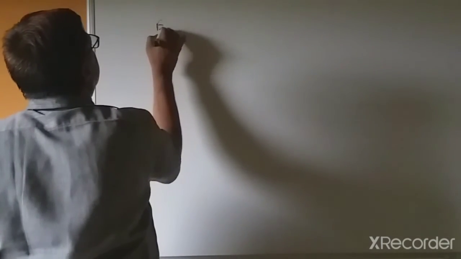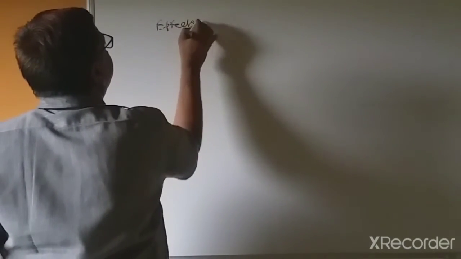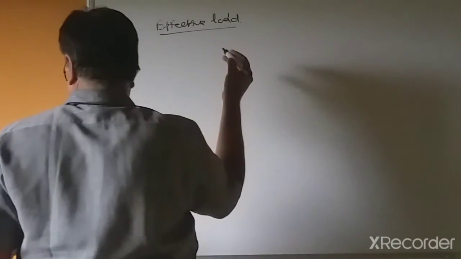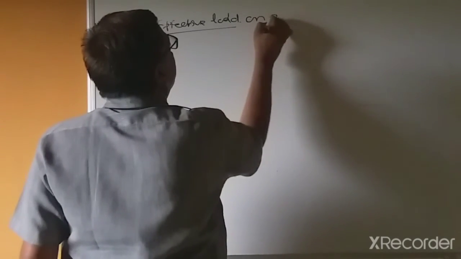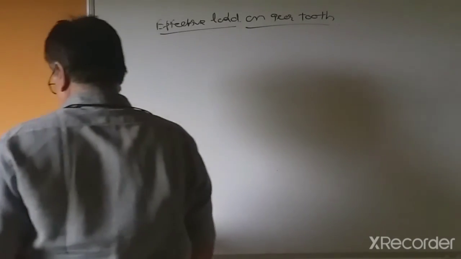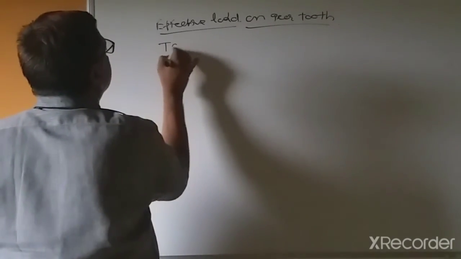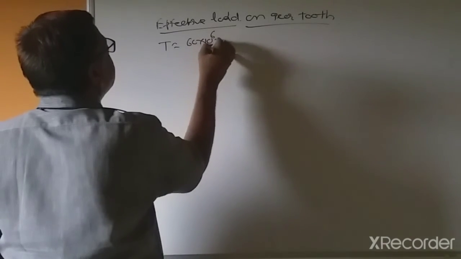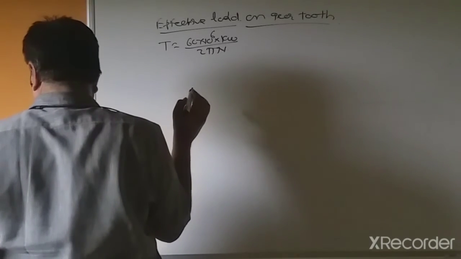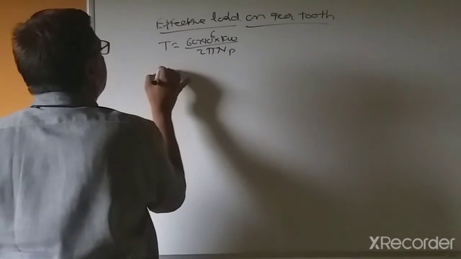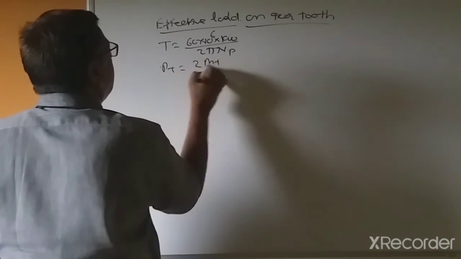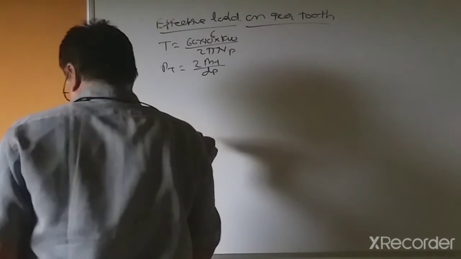Effective load on gear tooth. So T equal to 60 into 10 to the power 6 multiplied by kilowatt divided by 2 pi n, this is NP, and PT equal to 2 MT divided by dP.